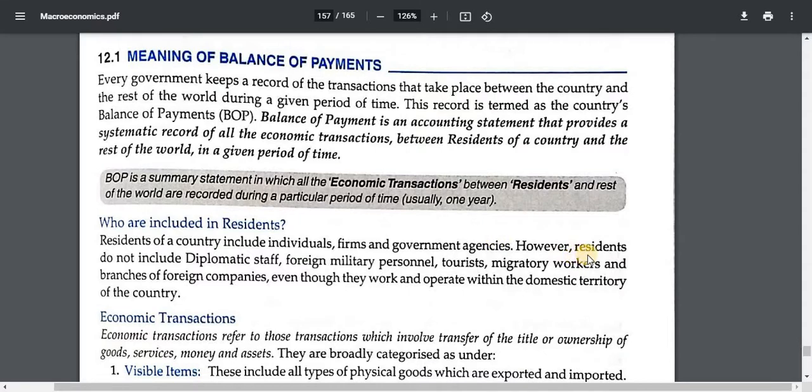However, the residents do not include diplomatic staff, foreign military personnel, tourists, migratory workers and branches of foreign companies, even though they work and operate within the domestic territory of the country.